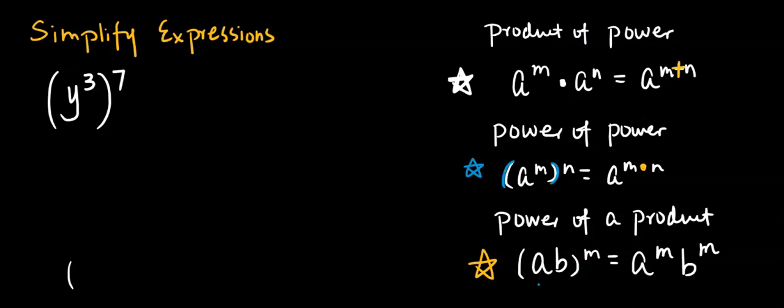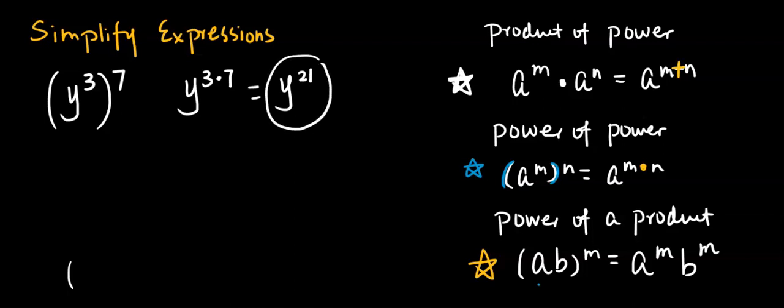A number already has the mth power, stays in the parentheses. Outside has the nth power. So this number is y, already has the 3rd power. Outside has 7. What do we do? We keep the base. This time we're going to multiply these two exponents. And we have y to the 3 times 7, the 21st power.